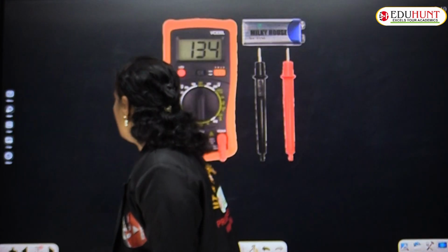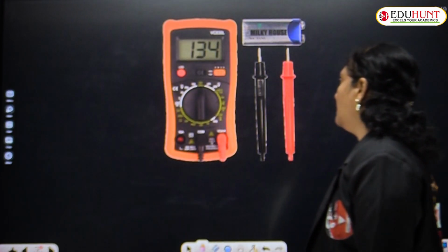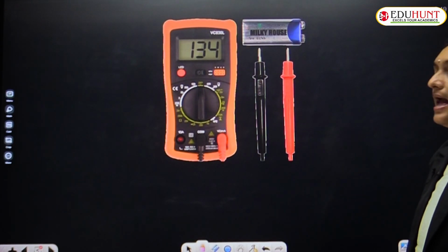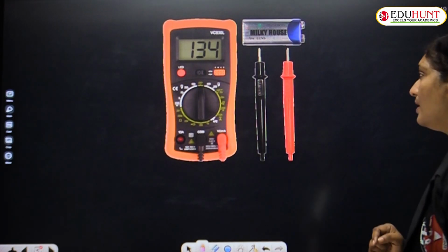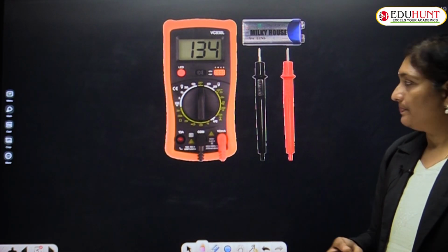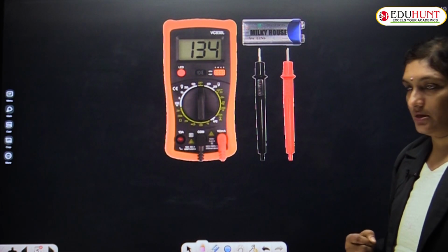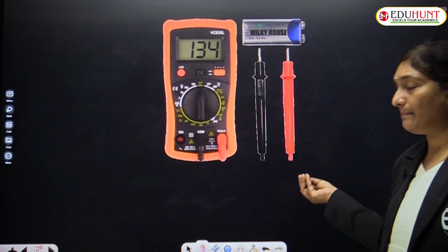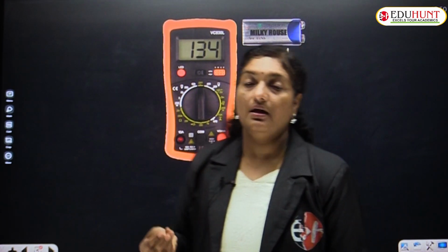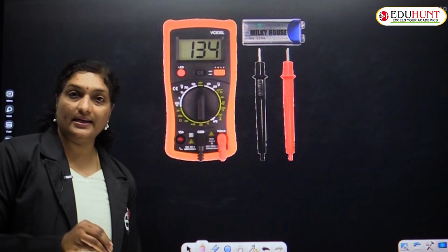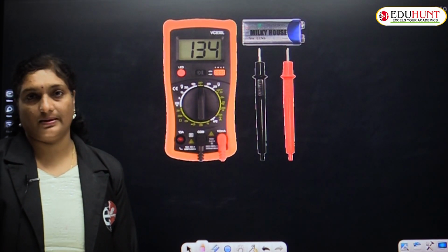Now moving to one more circuit element that we'll be using in general, the multi-ammeter. It is also called VOM, meaning volt-ohm ammeter. The name itself indicates multiple functions. It can be used to measure both the current as well as the potential difference.